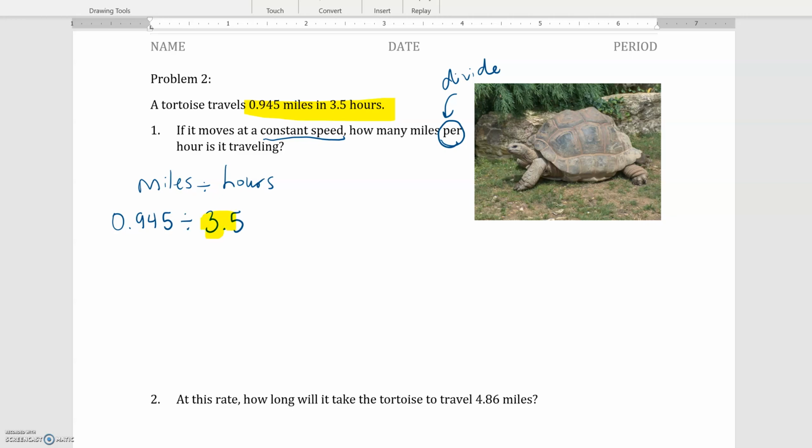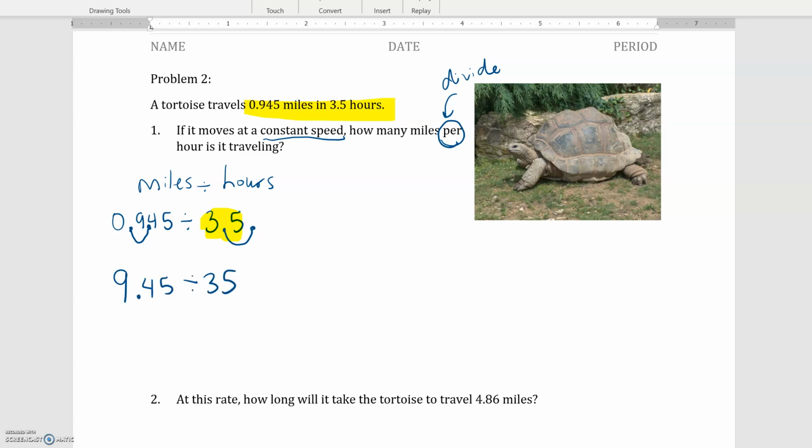Same thing we have to think about is we have a divisor that's not a whole number. So we need to change it by moving the decimal point to the right once to make it 35. And if I do that to my divisor, we do that to our dividend as well, to move it once. And we can rewrite our problem to make sure we have the right problem, which is 9 and 45 hundredths divided by 35.